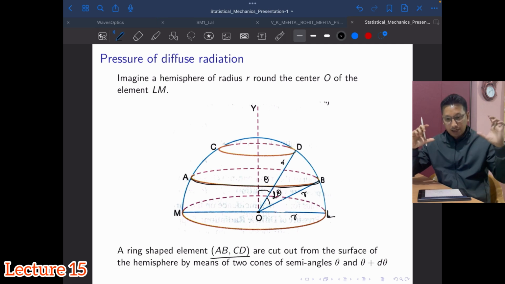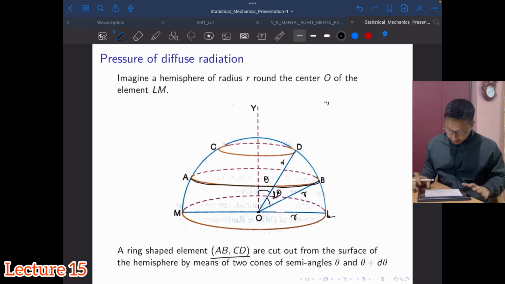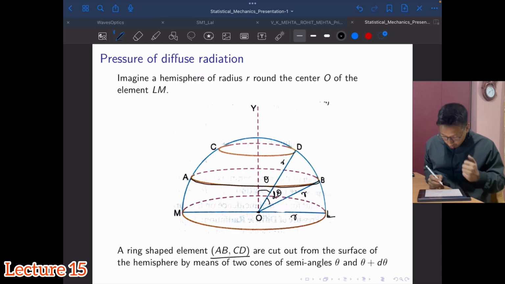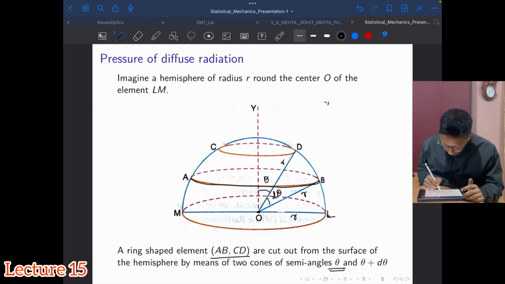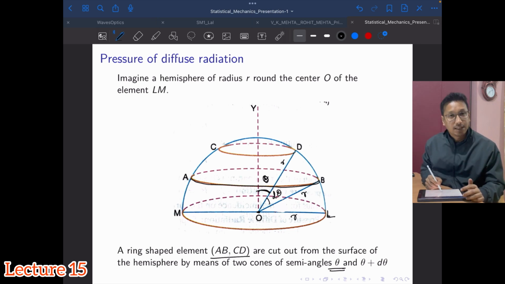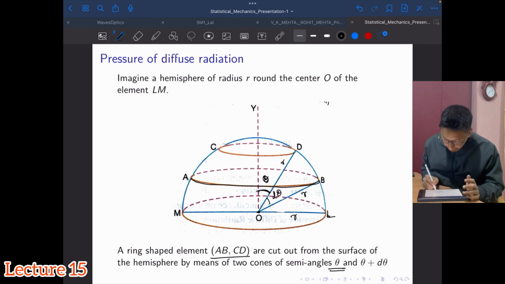So we cut out on this surface a ring-shaped element by means of two cones. The semi-angle of the cone made by OD and OC is theta, whereas the other cone has OB as its axis, the radius of the sphere.